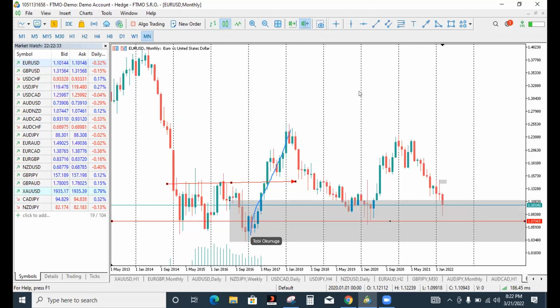That broke this structure. If we are to use that, this is the zone that you are concerned with. Now you can also see this downtrend here. There's also a break of structure here. Break of structure here. Price broke this. This one that we use here. Drop base rally.